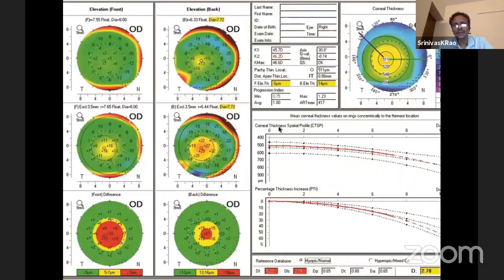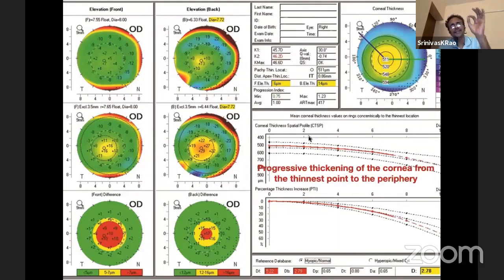The two things that we look at, again, like I told you, all this is doing is taking your set of data from that particular patient's eye and comparing it to normative data from the normal population. And whenever your data goes beyond or below this normal distribution, we tend to think it is abnormal. One of the things that they look at is the corneal thickness spatial profile, or CTSP, which is nothing but the progressive thickening of the cornea from the thinnest point to the periphery.